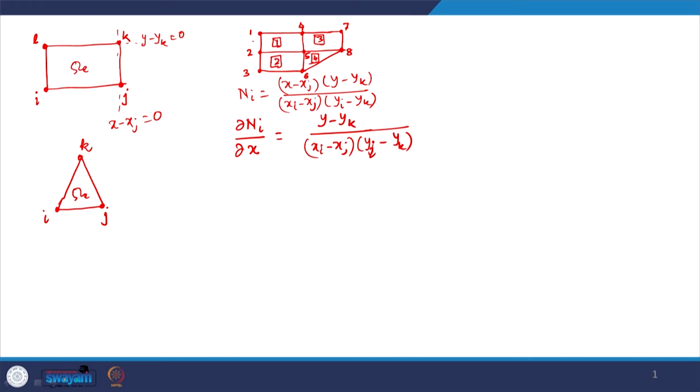The process is exactly identical for all the elements, so we will only refer to this one. The step by step process for all the elements can be seen in the solved example in my book on finite element and computational structural dynamics. I will not go through the entire series of calculations for all the elements in this discussion, because of paucity of time.